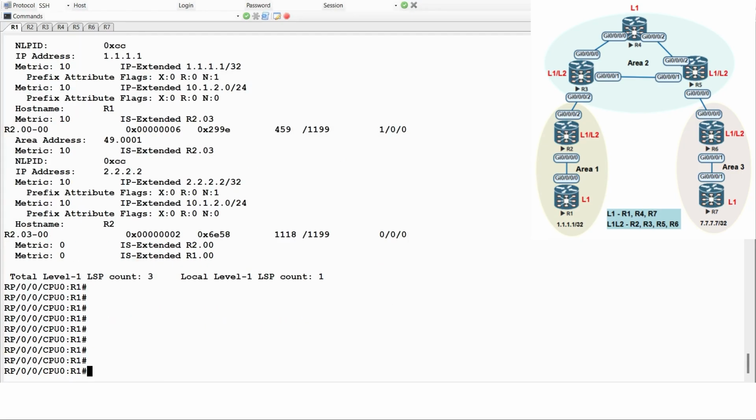In the next step, we will verify the routing table of router R1 and router R7, which are level 1 only routers.